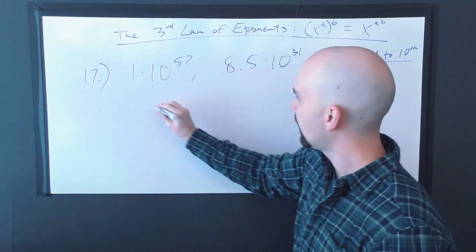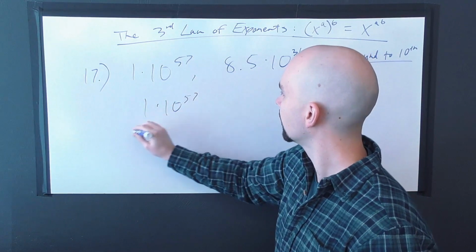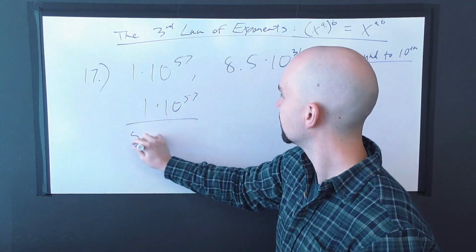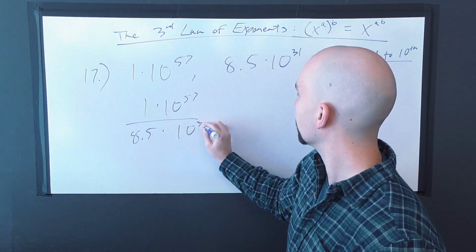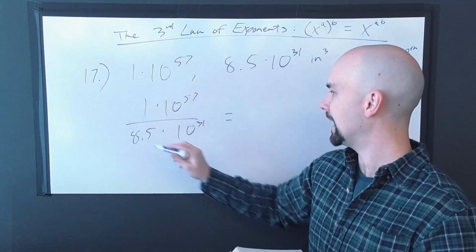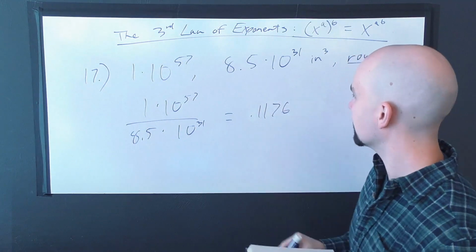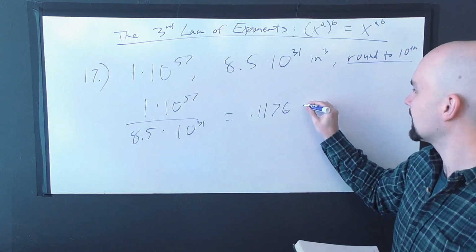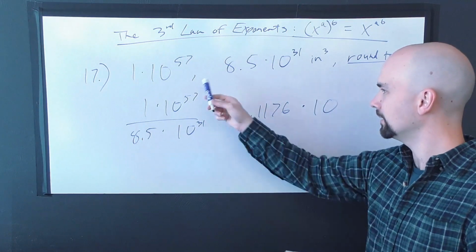So I'm going to go 1 times 10 to the 57th divided by 8.5 times 10 to the 31st. I'll save us some trouble and let you know that when you divide 1 by 8.5, you get 0.1176. And that's going to be times 10 to the power of what's 57 minus 31?